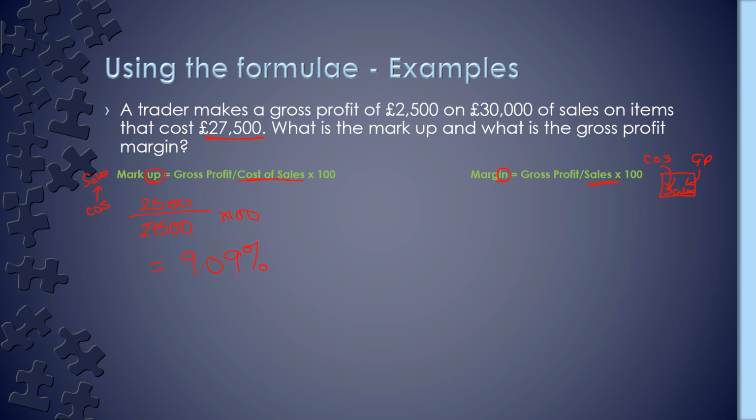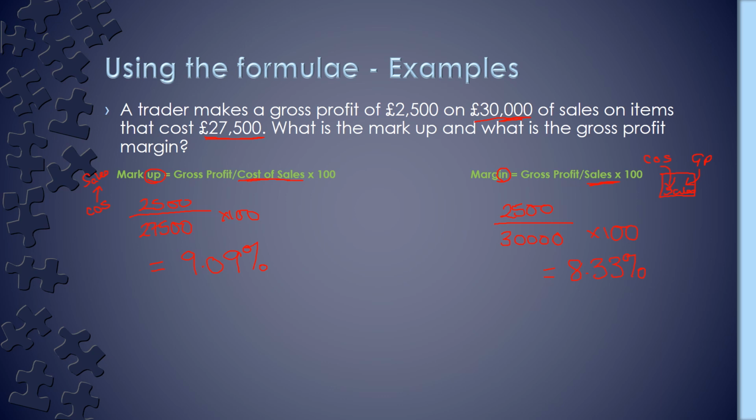So the formula will be £2,500, which is our gross profit, divided by 30,000, which is our sales from the question here, times by 100, and that equals 8.33%, again to 2 decimal places.